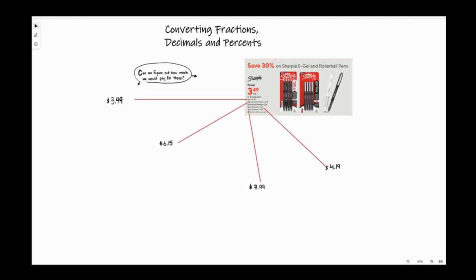And I know even for the grade 9 and grade 10s, they're doing it too right now. So the better that we are at figuring these out, at working with decimals, working with fractions and percentages, the easier everything else that we learn this year is going to be.